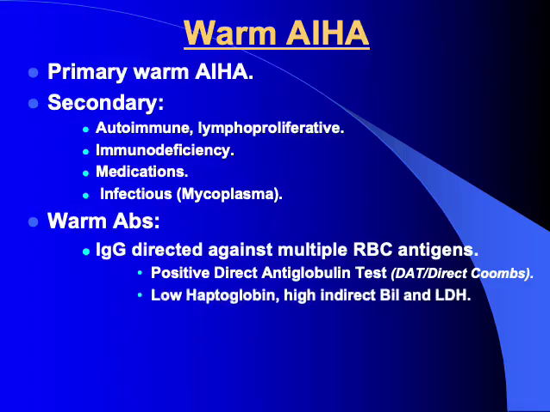Haptoglobin is low, and high indirect bilirubin and high LDH are indicators for hemolysis. So you get low haptoglobin, high indirect bilirubin, high LDH, and a positive direct Coombs test or DAT. This is diagnostic for warm autoimmune hemolytic anemia.